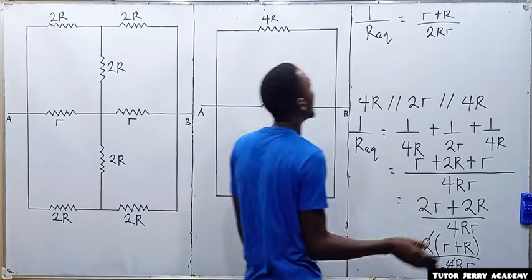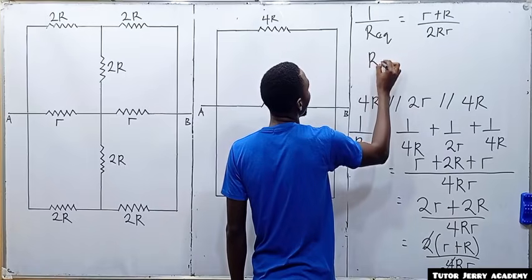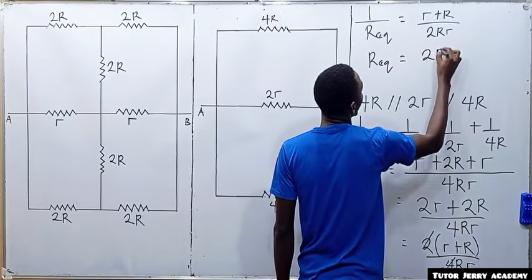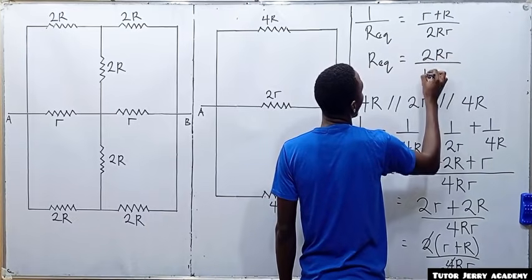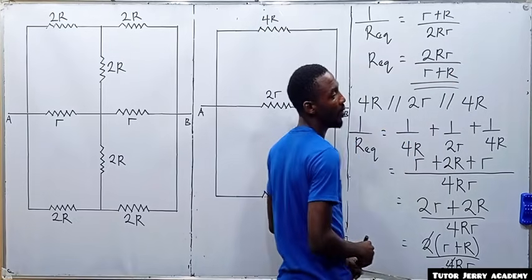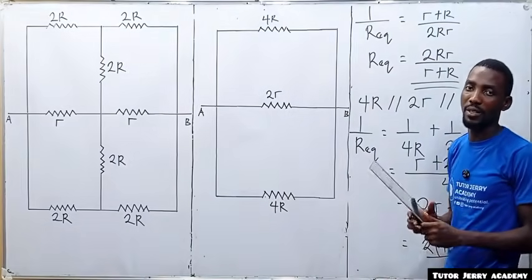So if you take the reciprocal of both sides, our R equivalent will be equal to 2R all over R plus R. So here is our equivalent resistance between terminal A and B.